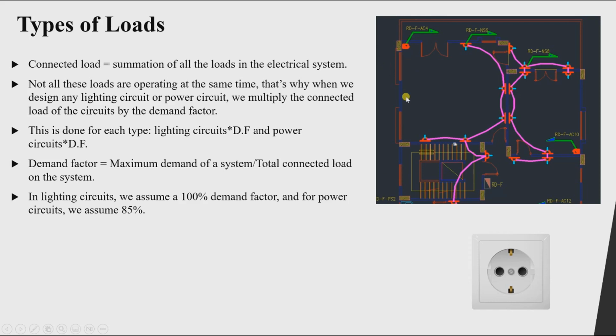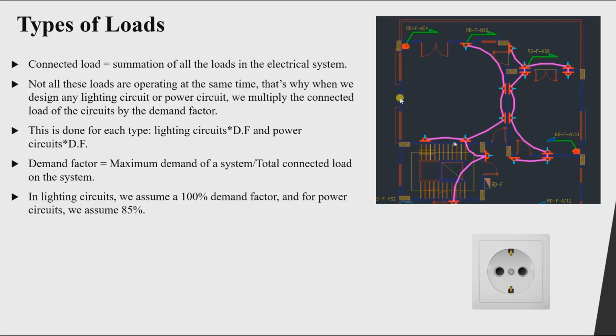Now these values can change from one code to another, from one country's regulations to another, from one standard to another. For example, you will find in IEC values different from NEC, different from IEEE, and so on. So depending on what standard you are following, you will design based on it.